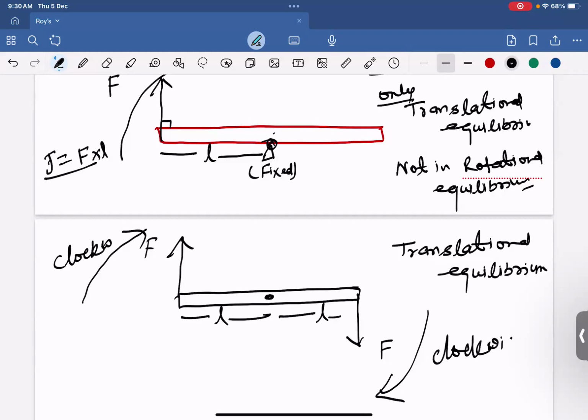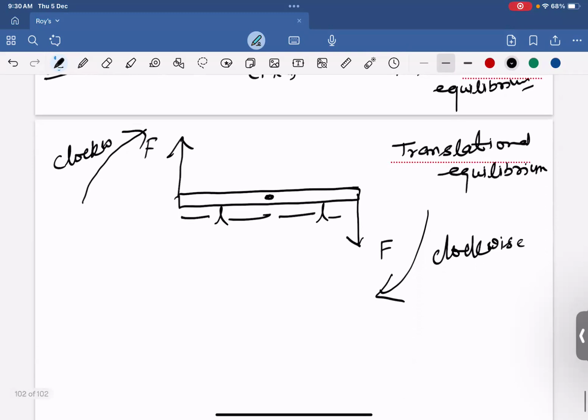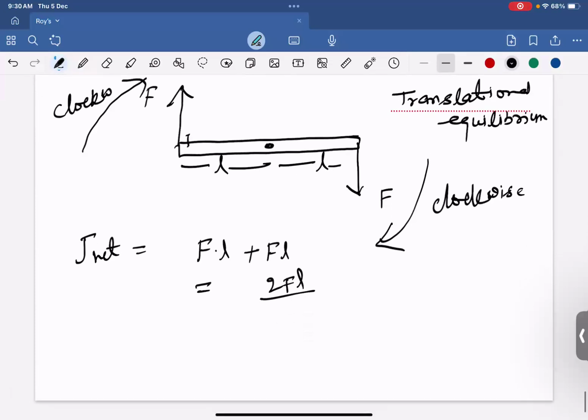So both torques are clockwise only, so it is not in rotational equilibrium. Net torque: this is F into L because the angle is 90 degree, and here also F into L. I have to add the torques, so that will be 2 into F into L. Understood, Neil? Understood.